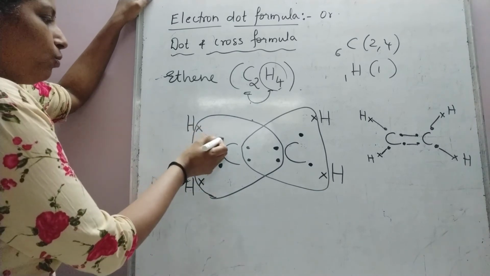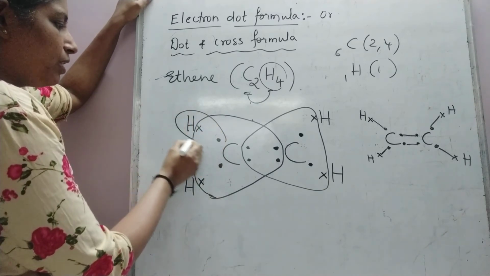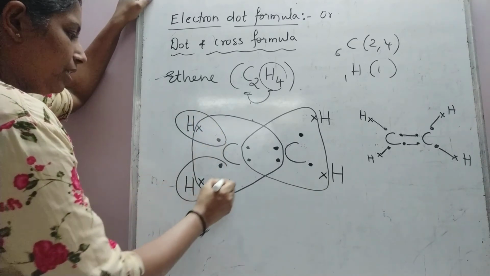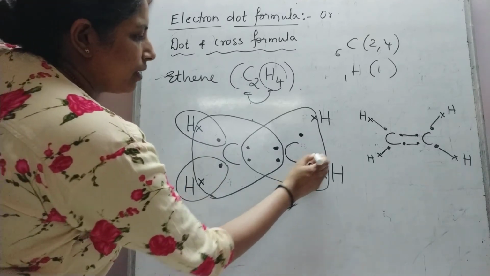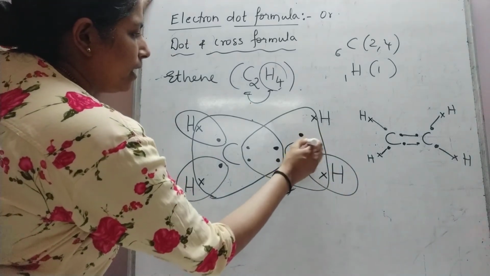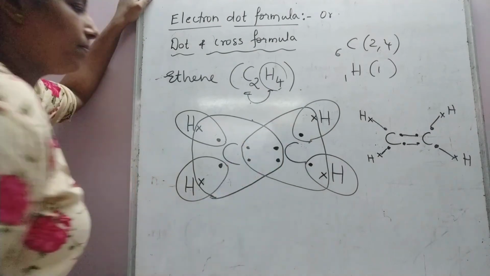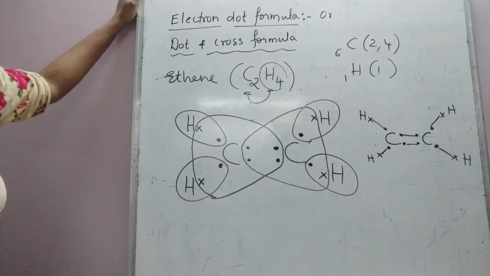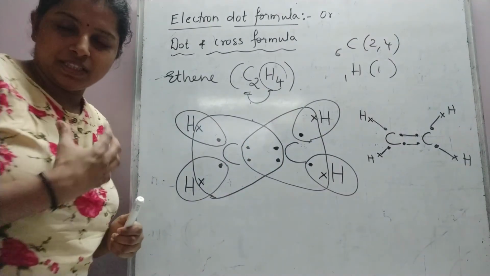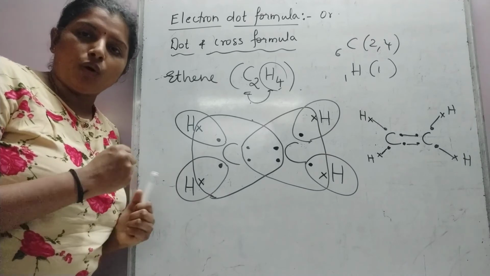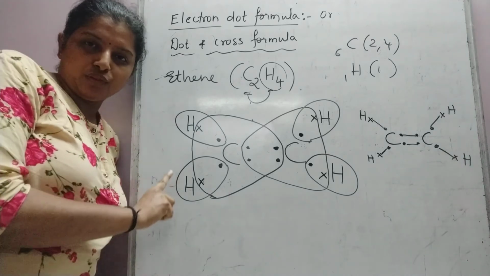So its octet is complete. Around the other carbon, how many electrons are there? 1, 2, 3, 4, 5, 6, 7, 8. What can you say for hydrogen? Its duplet is complete. Each hydrogen has a complete duplet. So all the atoms have their completed octet or duplet after bond formation.